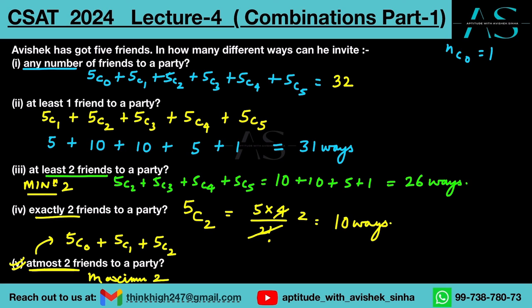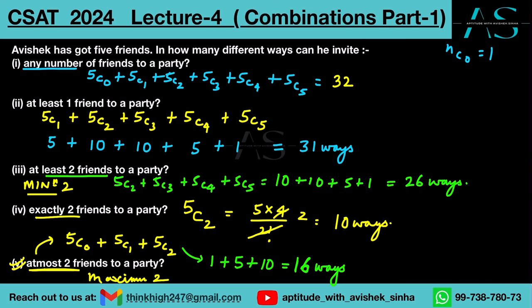Alright, let's break this down. 5C0 is 1, 5C1 is 5, 5C2 is 10. So this is 16 different ways. So in 16 different ways, this can be done. I hope this is clear and you are following this.